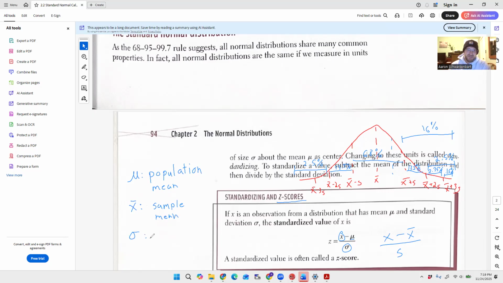Sigma is the population standard deviation. I'm going to abbreviate standard deviation with SD.